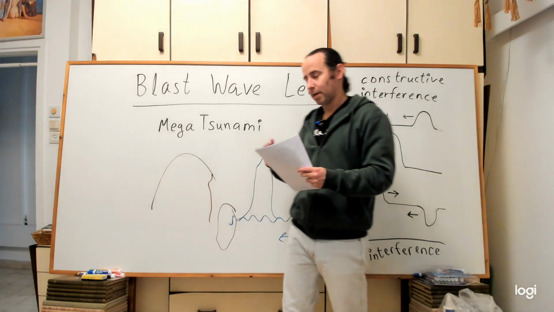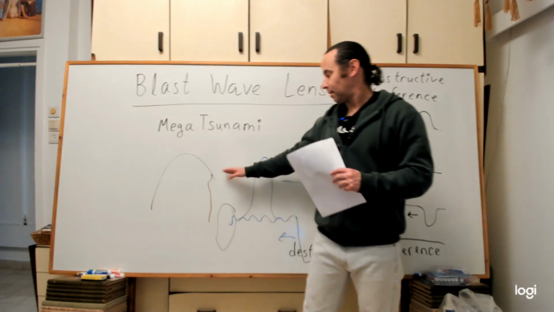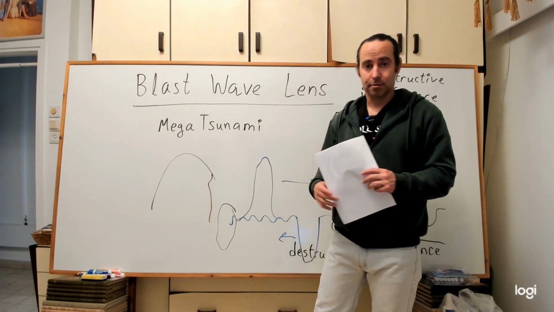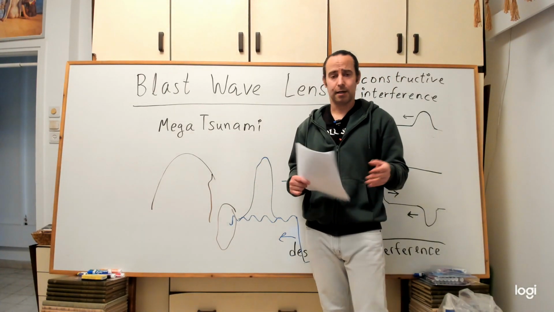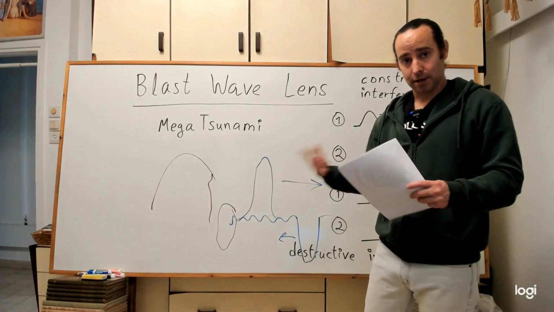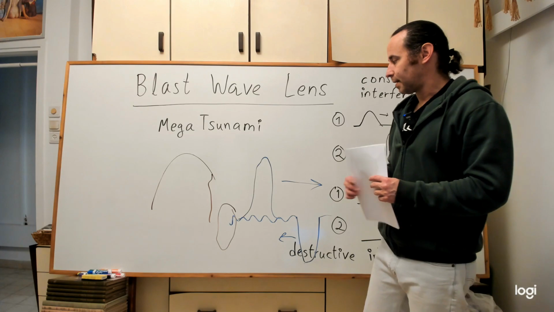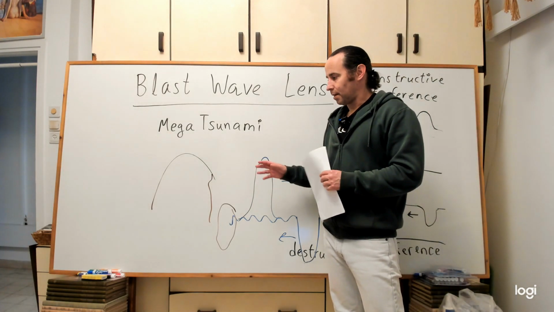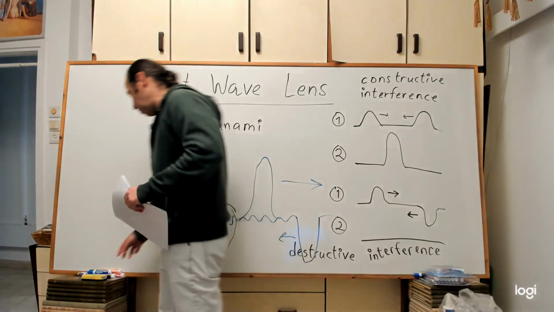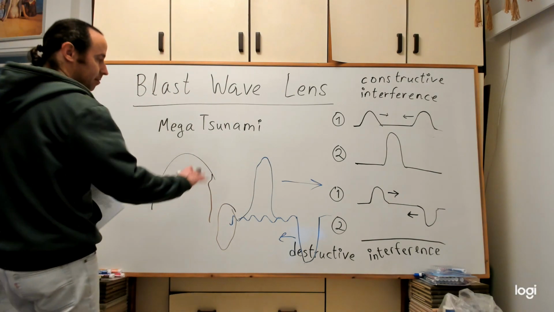Okay, pyroclastic flow is another disaster. It's not a mega tsunami, although they can happen if there is a volcano. They can happen simultaneously, but pyroclastic flow is something else.